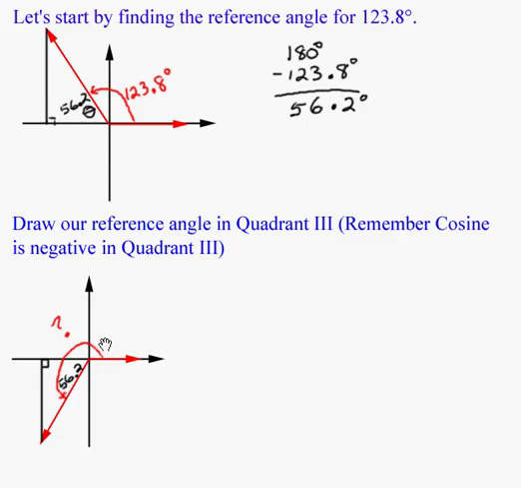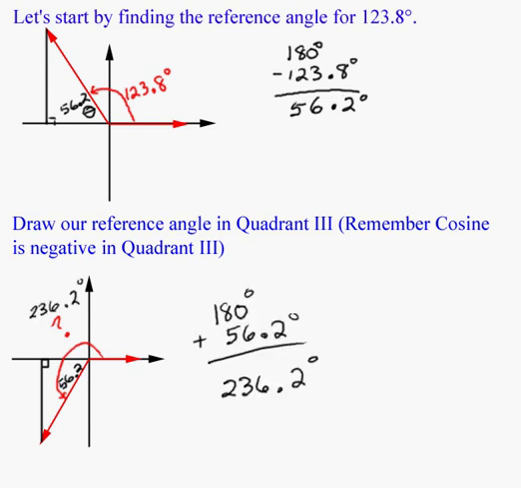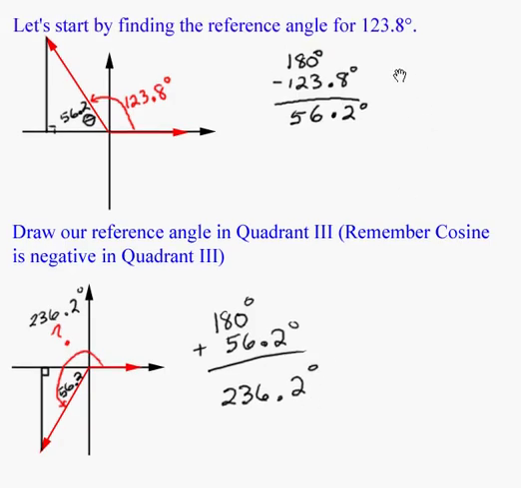How far past 180 is 56.2? Well, if we take 180 plus 56.2, there's our second mystery angle in quadrant 3, 236.2 decimal degrees. So the two answers to that question are 123.8, that's my quadrant 2 answer, and 236.2 decimal degrees is my quadrant 3 answer. And that's our look at finding trig values using our calculator.